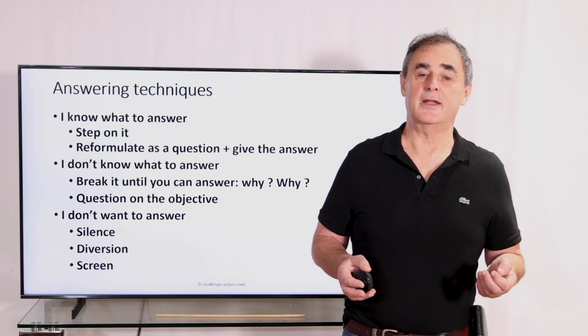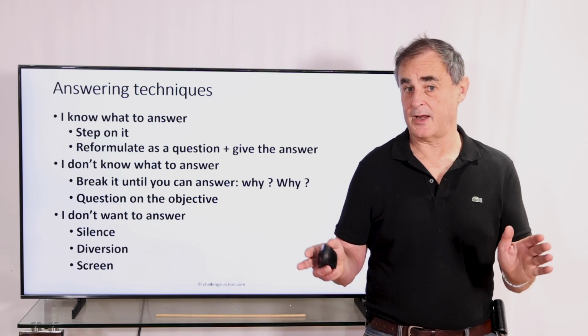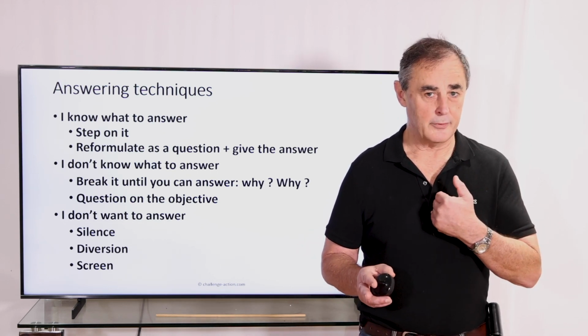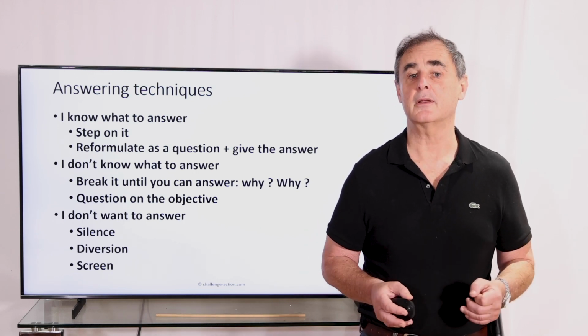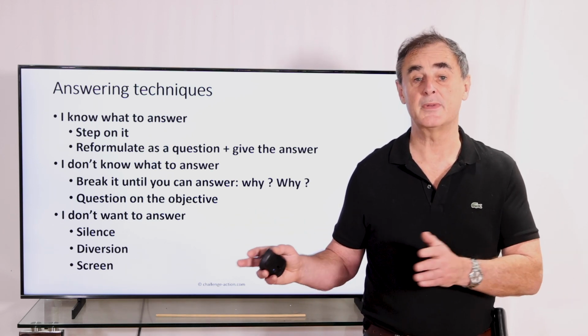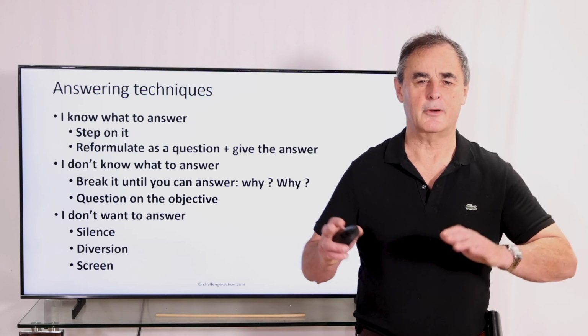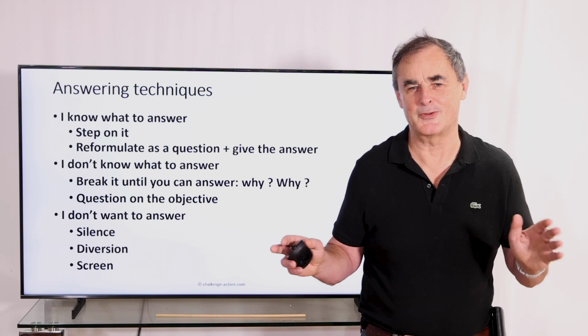There is also the screen technique. That's my favorite, I have to say. The screen technique is to say, I understood very well what you said. But however, as a salesperson, you want to control your meeting. So you tell the customer, okay, no problem, we'll talk about it a bit later if you want. Most of the time, he will have forgotten what the objection was.